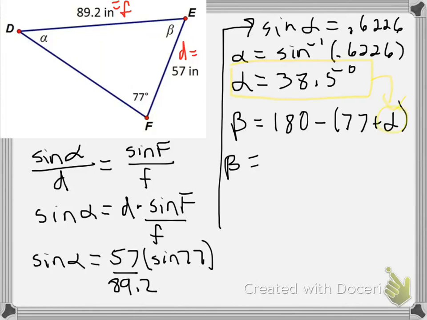So I'm going to get 180 minus 77 plus 38.5. And that gives me beta is now 64, well, mistake there.